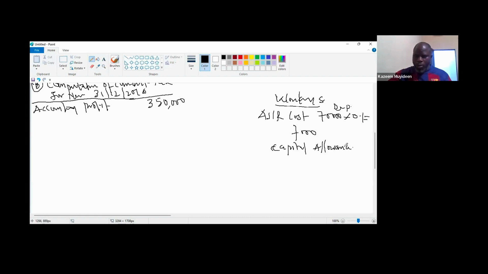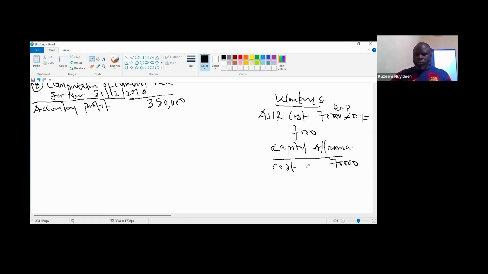Good. The capital allowance. The cost of the asset, 70,000. ABC's tax consultants have advised that 42,000 can be claimed as a taxable expense.